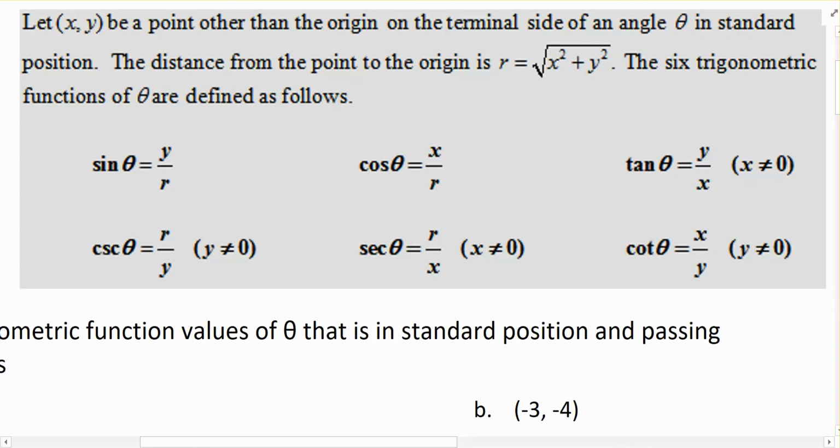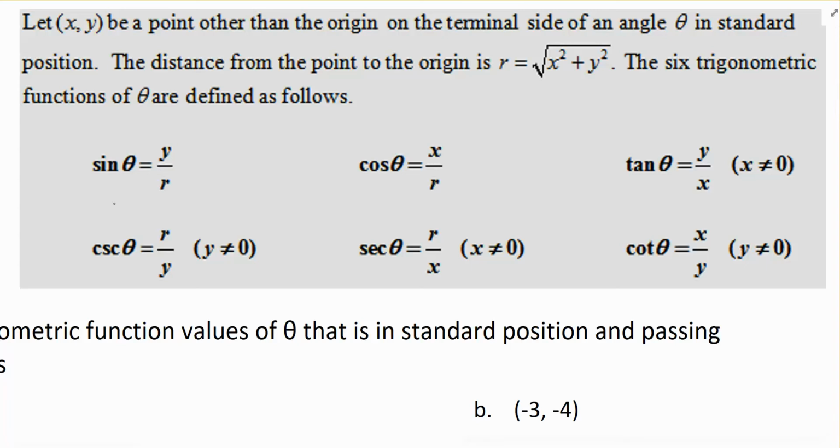Now over here in this gray box are the 6 trigonometric function values as defined by that point P that we saw traveling around the origin. So what we have here are the definitions. The definition of our trig function is that if I take the sine of that angle that we just rotated, it would be equal to the ratio of either the side or the hypotenuse, depending on what we're looking at.